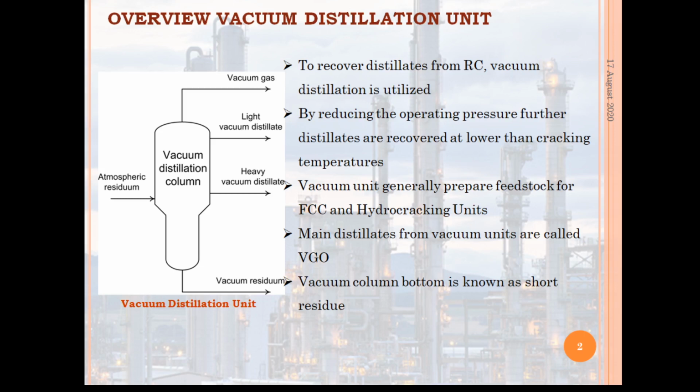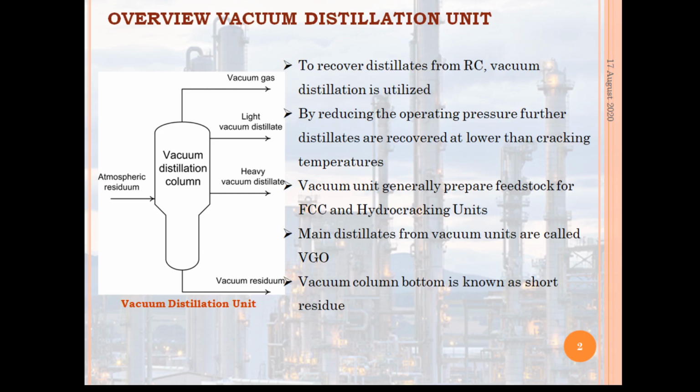To recover distillates from this reduced crude, vacuum distillation is utilized. By reducing the operating pressure, further distillates are recovered at lower than the cracking temperature, because we can reduce the temperature by producing the vacuum inside this column.